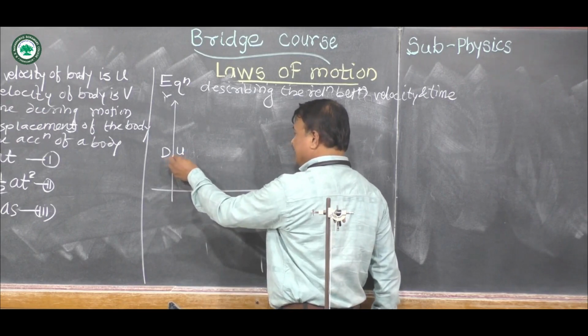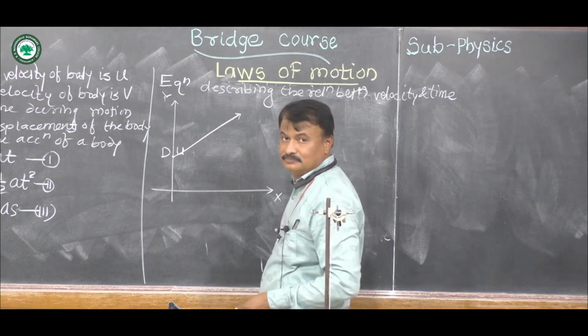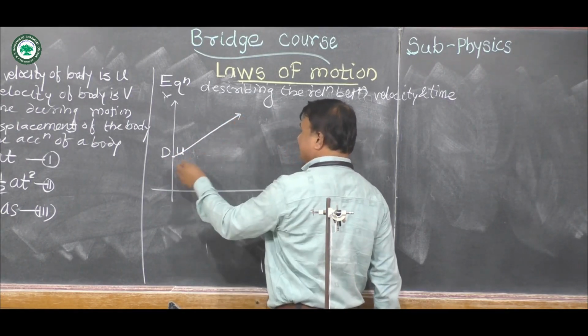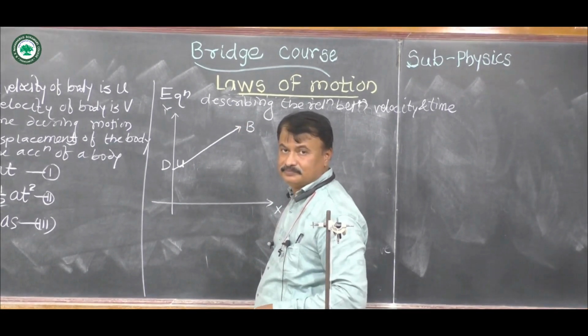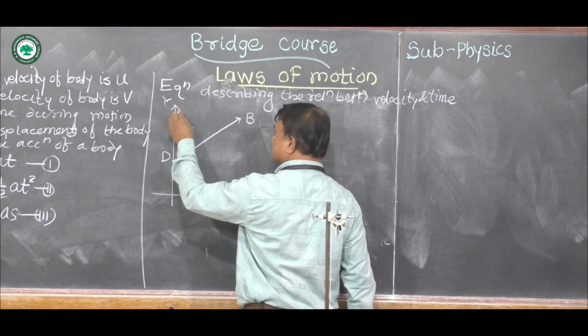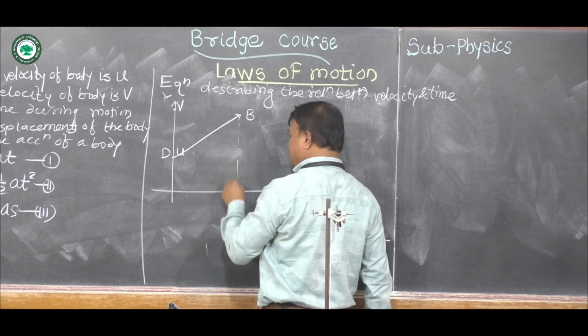This velocity of an object goes on increasing. After time t, object reaches point B. At B, its final velocity is v after time t.